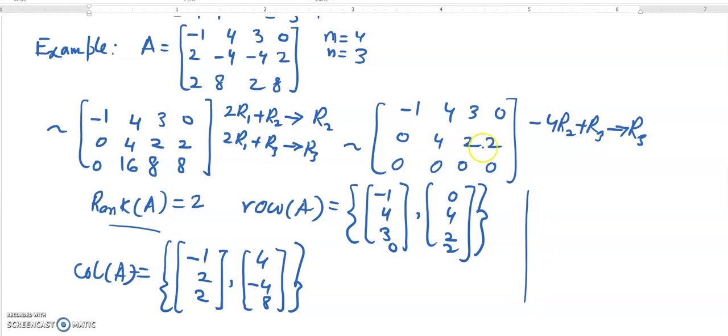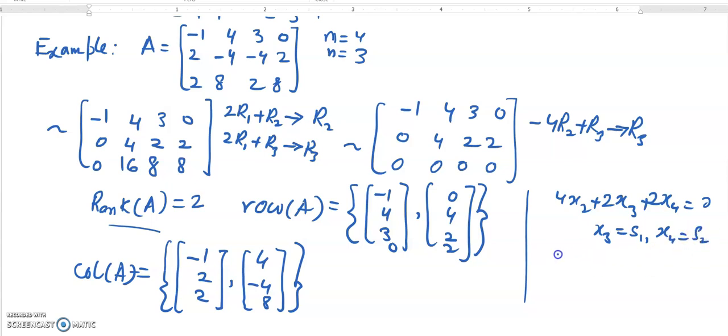So from this row equation, x2 plus 2 x3 plus 2 x4 is equal to 0. So take x3 equal to s1 and x4 equal to s2.